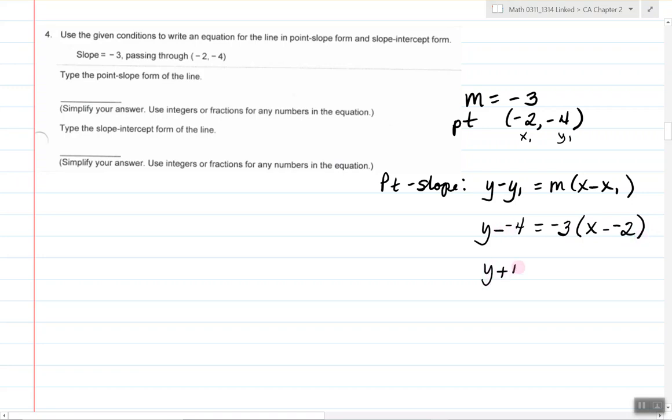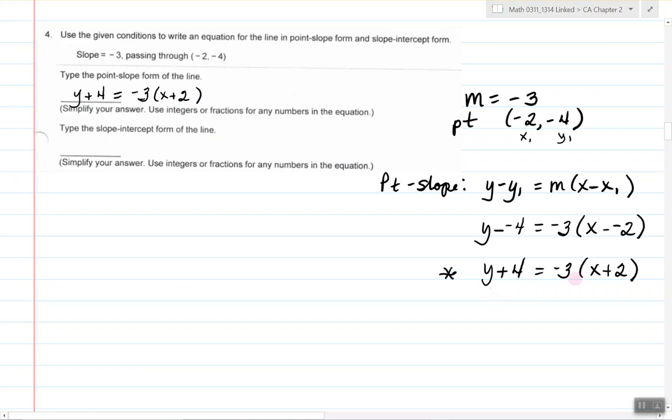So it's y plus 4 equals -3 parentheses x, this changes to plus 2. So I will type in y plus 4 equals -3 open parentheses x plus 2. Then it wants it in slope-intercept form, which is a very useful form. So this was one answer.